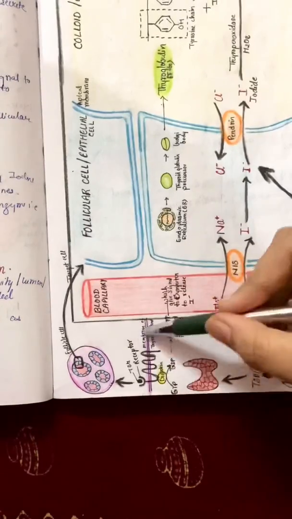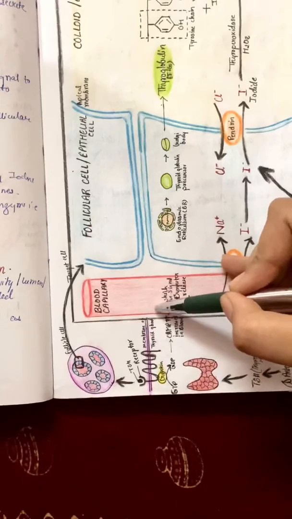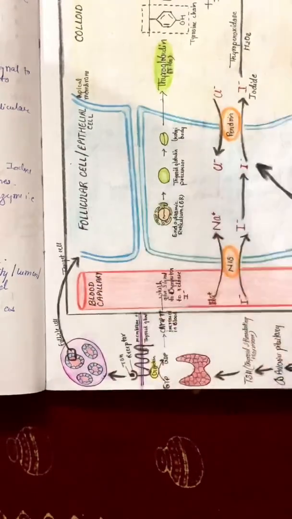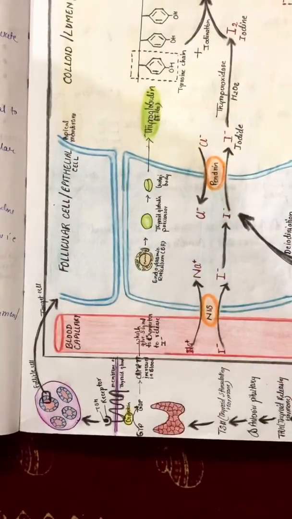Now you can see there is a TSH receptor on the membrane of the thyroid gland, and if we zoom into this area, you can clearly see this is your follicular cell and this is the blood capillary.